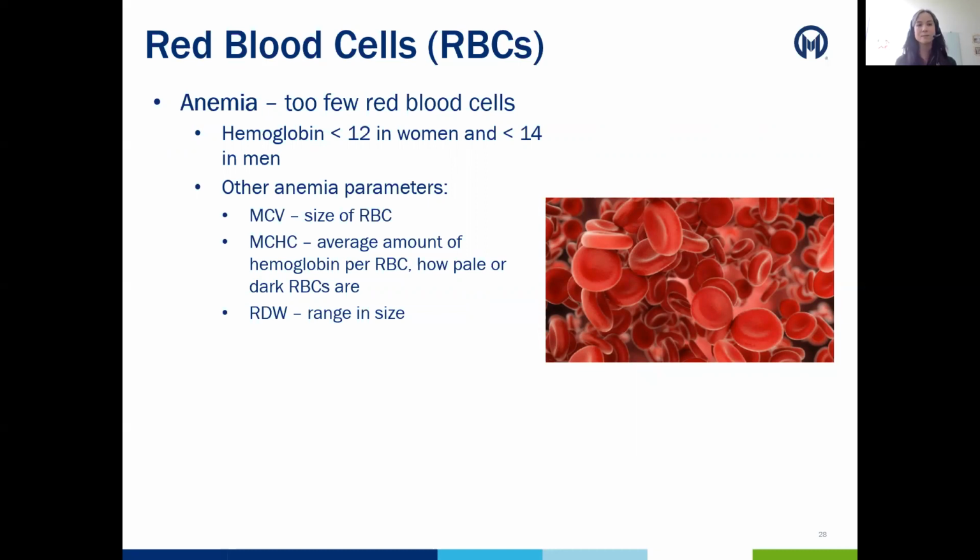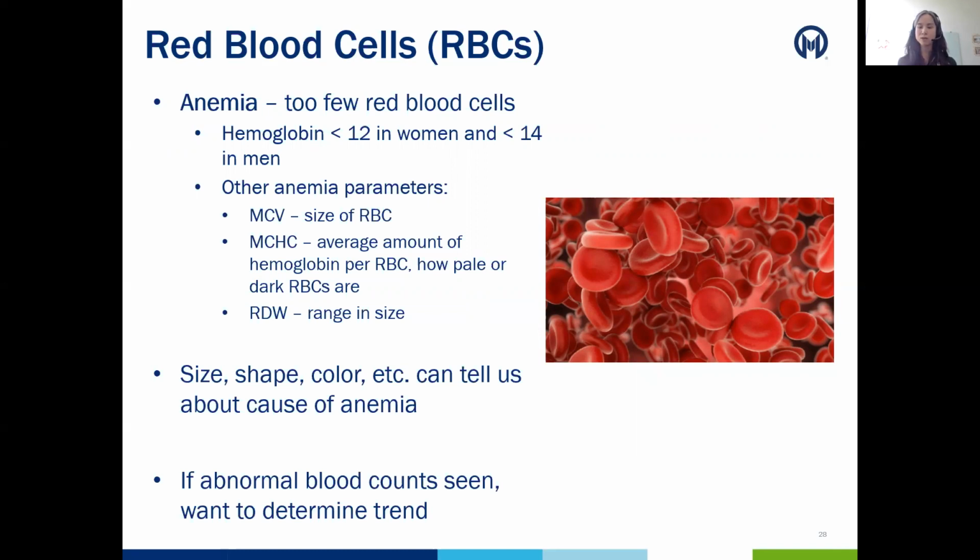And then there's the MCHC, which refers to essentially the coloration of the red blood cells, how pale or dark they are. And then there's the RDW, which tells us about the range in size of the different red blood cells that we're seeing. And as I mentioned, size, shape, and color can tell us a lot about an anemia and the most common causes that we should look for first for that type of anemia.